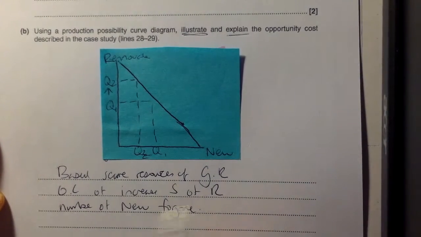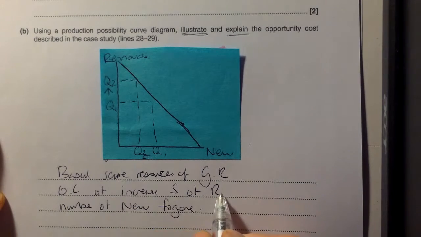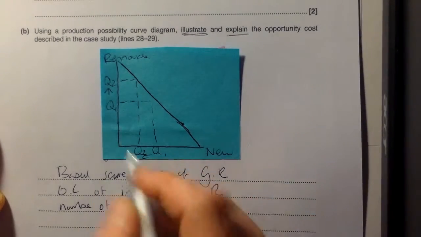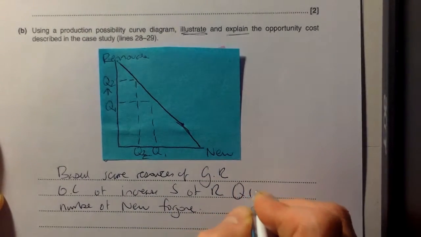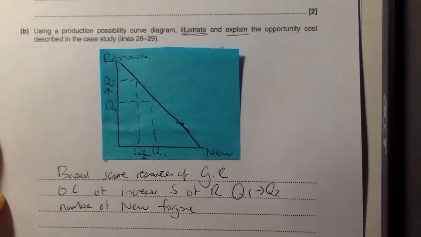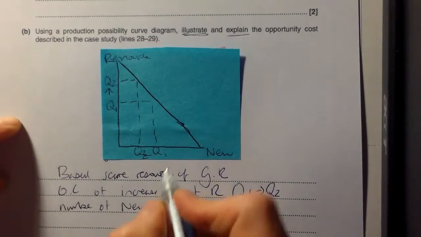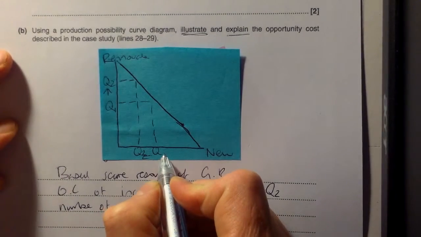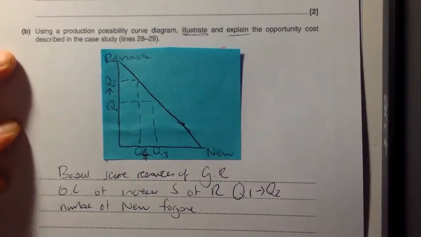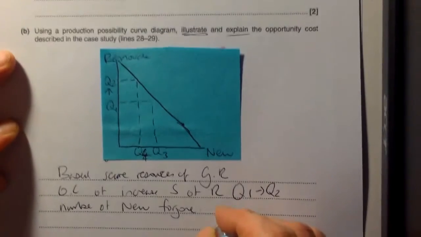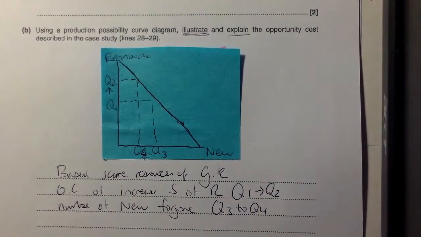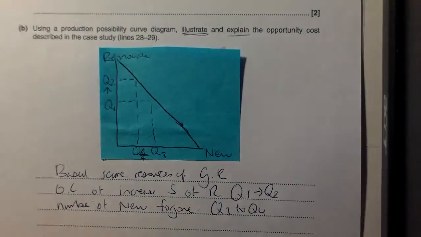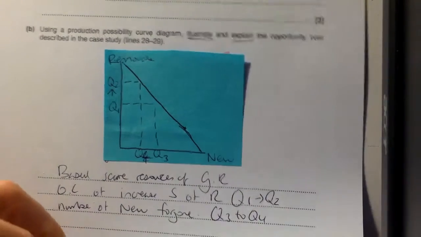Now to make that even better, what you want to do is, for the opportunity cost of the increase in supply of renovated homes, refer to the quantity Q1 to Q2, and even better, on the new houses we'll use Q3 to Q4, and the number of new houses foregone, Q3 to Q4. Obviously write this up as a full answer, I'm just doing it in note form to go through it quickly.